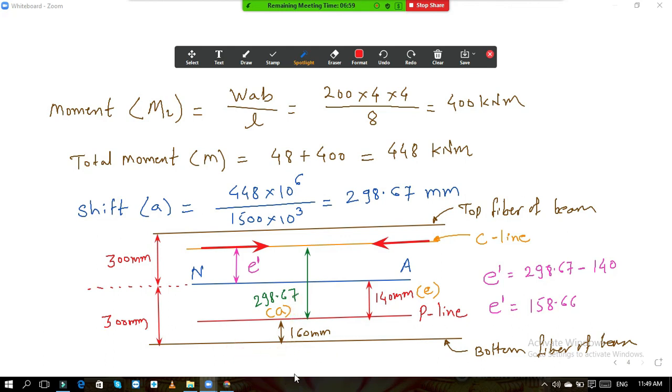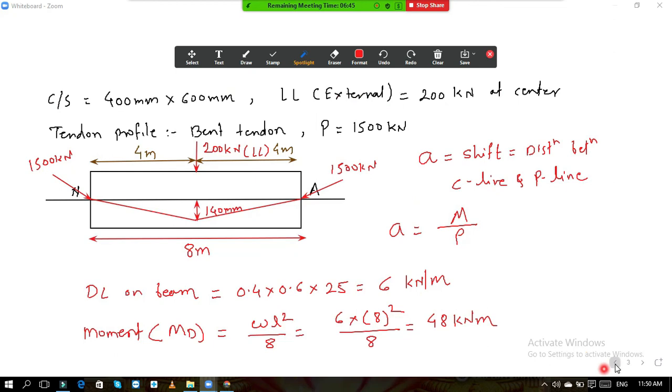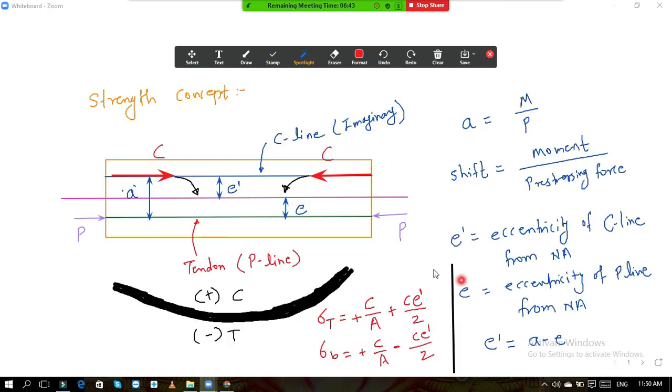So a sagging profile will be there, and if sagging is there, then compression is at top and tension is at bottom. Plus sign is at top, at bottom minus sign will be there. In this type of condition, first case.